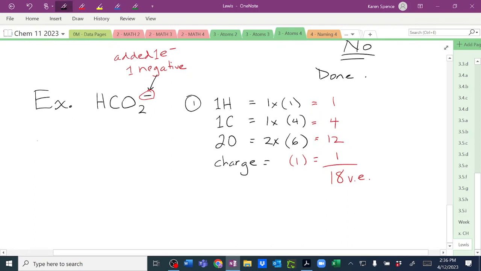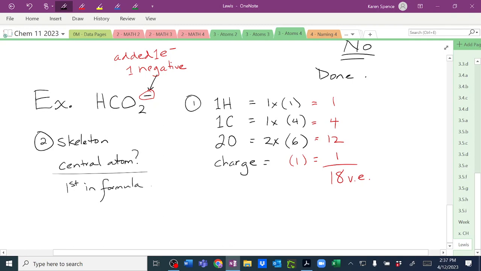So that's step 1. Of course, you can do it underneath if you don't lose track of them. That's totally fine. Step number 2 is our skeleton structure. And when we do our skeleton structure, we need to think, who is the central atom? And we might say, oh, it's usually the first one, first in the formula.